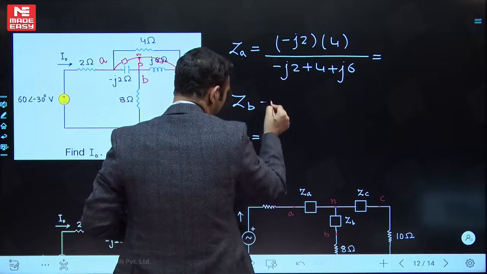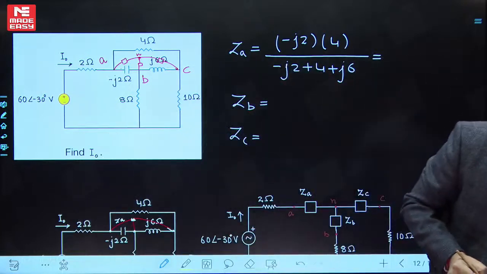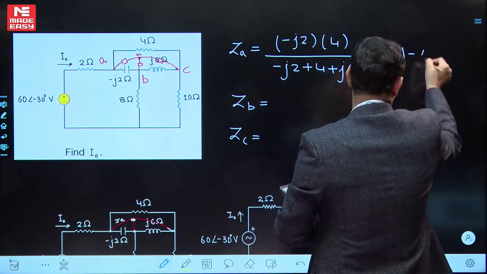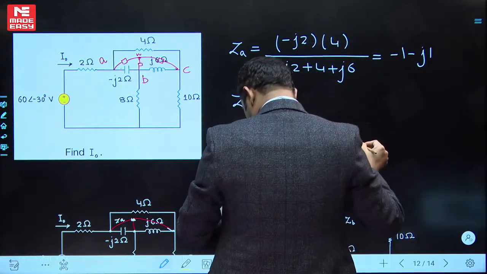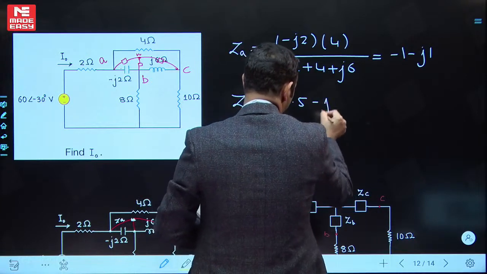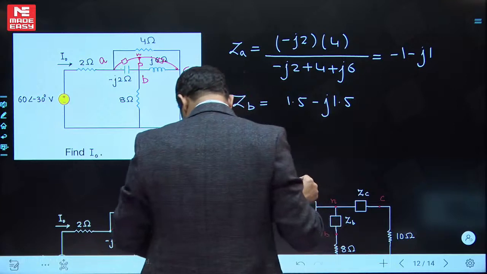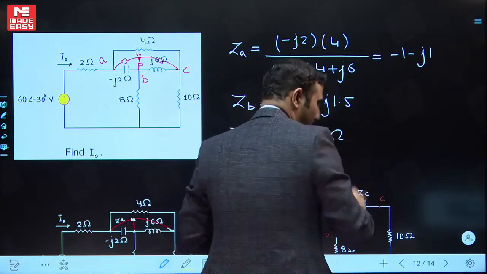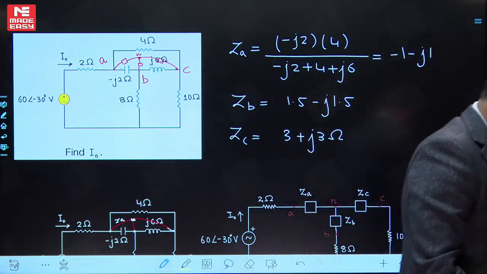Let me tell you the values. ZA is minus 1 minus j1. ZB is 1.5 minus j1.5, and ZC is coming as 3 plus j3 ohms. So we have ZA, ZB and ZC.